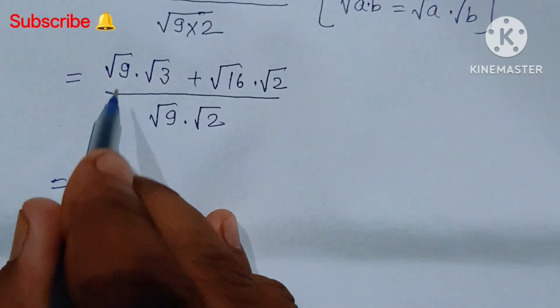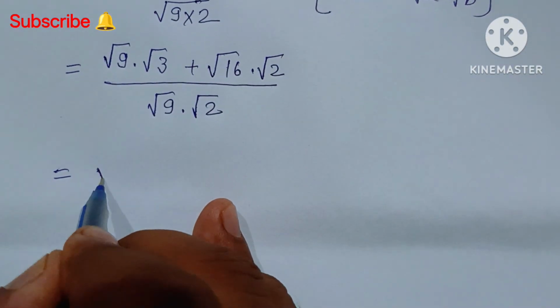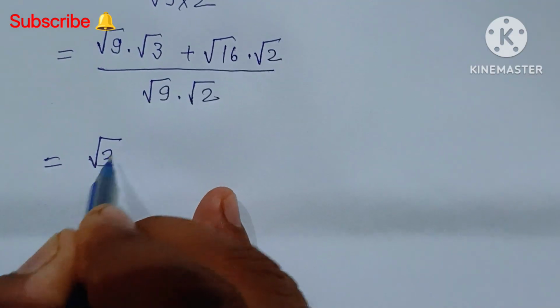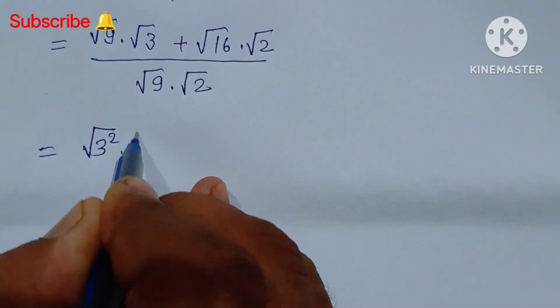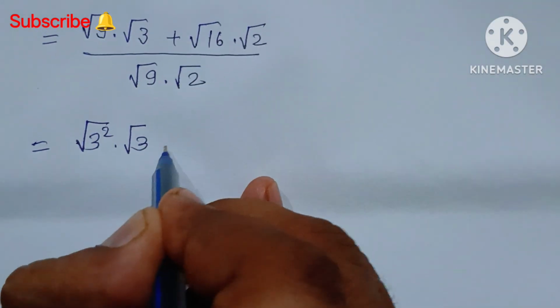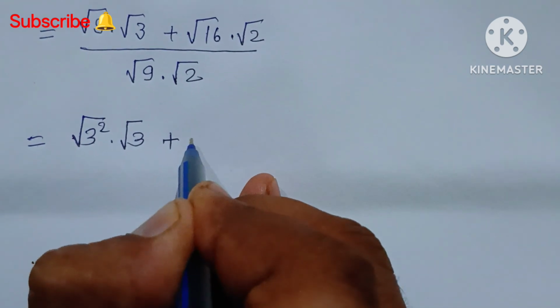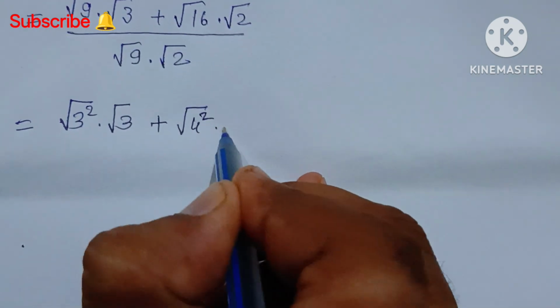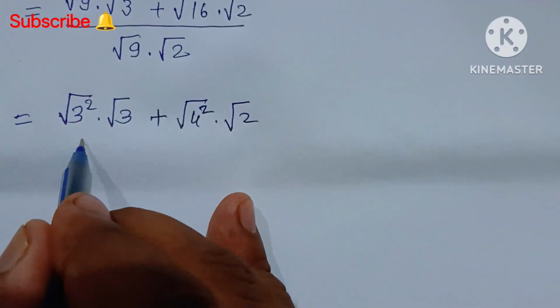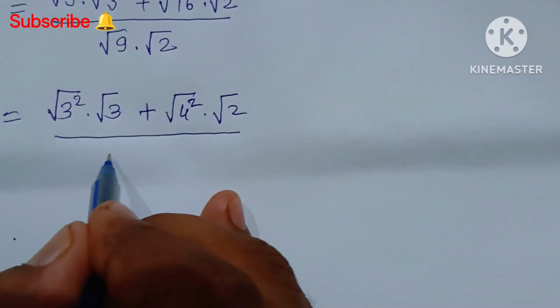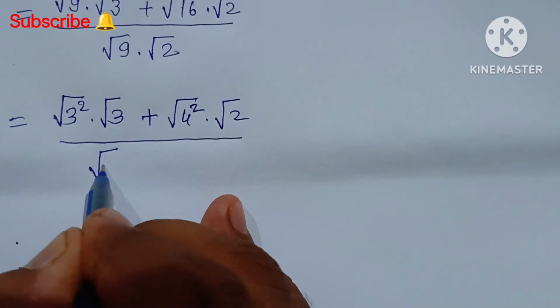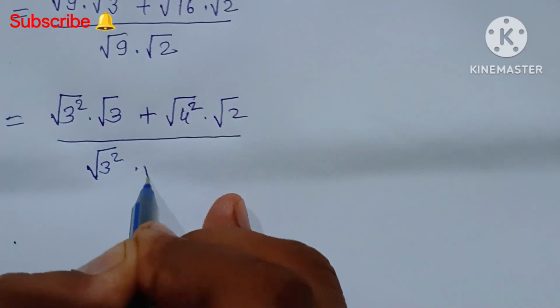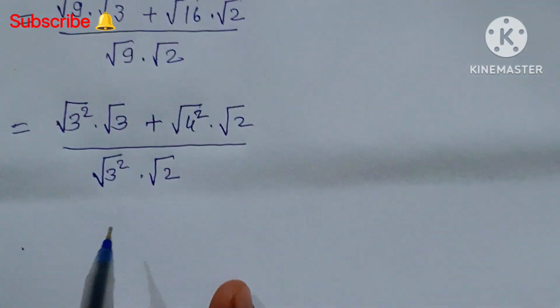Now here the square root of 9 is the square root of 3 squared, into square root of 3, plus 16 is 4 squared, into under root 2, divided by under root 9 is 3 squared, under root 2.